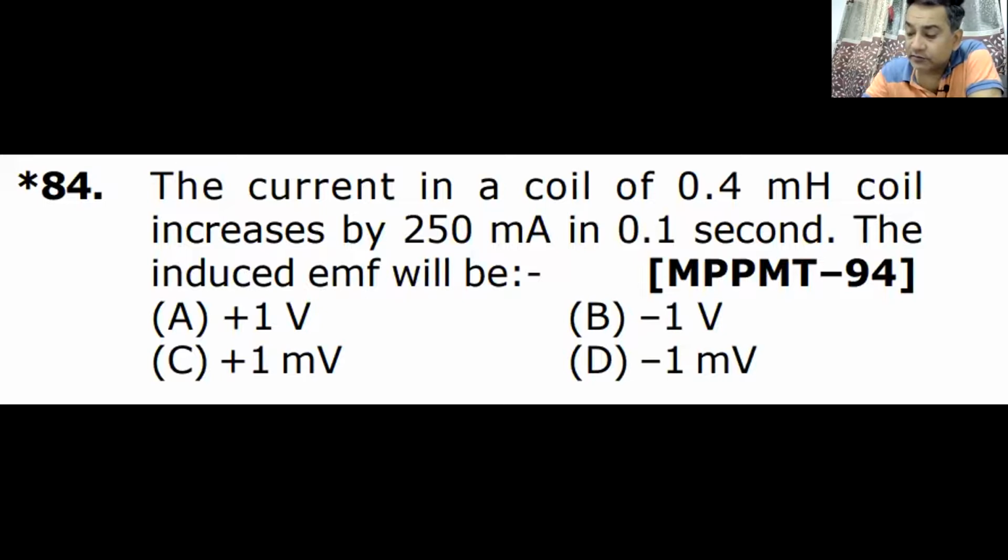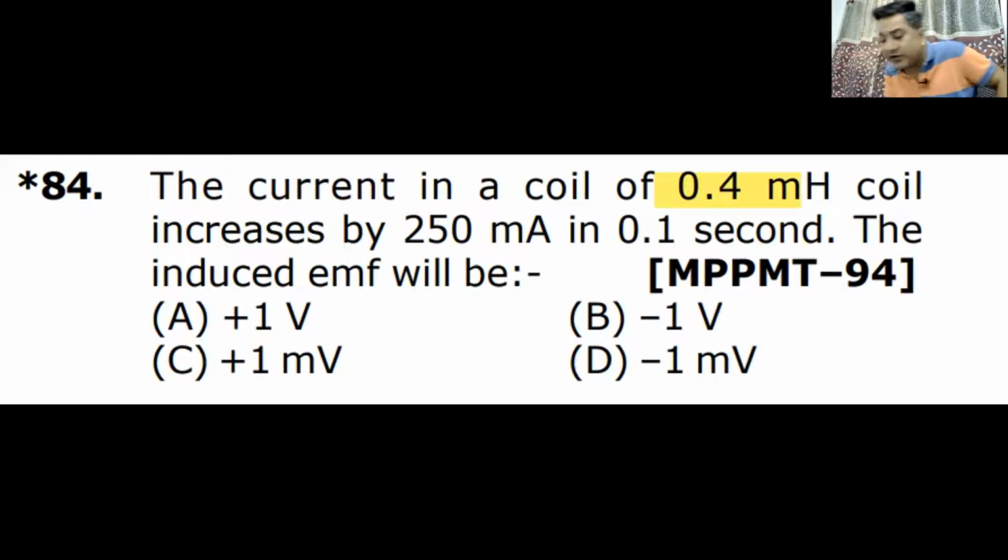Well done. The inductance L is given as 0.4 millihenry. Everything is in milli, so they will get cancelled. Milli is 10 raised to the power minus 3. Current increases, so the change in current is 250 milliamps, and the time is 0.1 seconds. Everything is given.